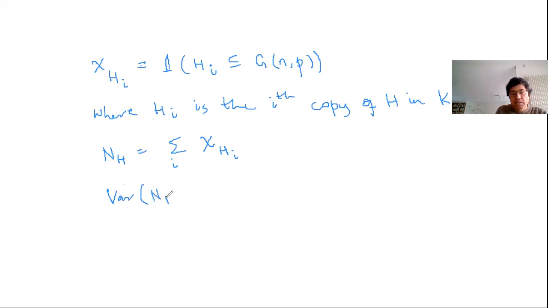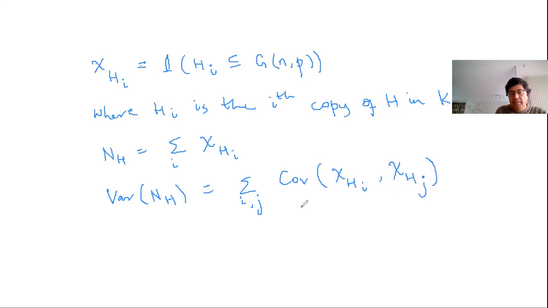Now, the variance of a sum of random variables is the sum of the covariances. So this is this double sum over all possible values of i and j of the covariance of the indicators that the ith copy is present in G(n,p) and the jth copy is also present in G(n,p).